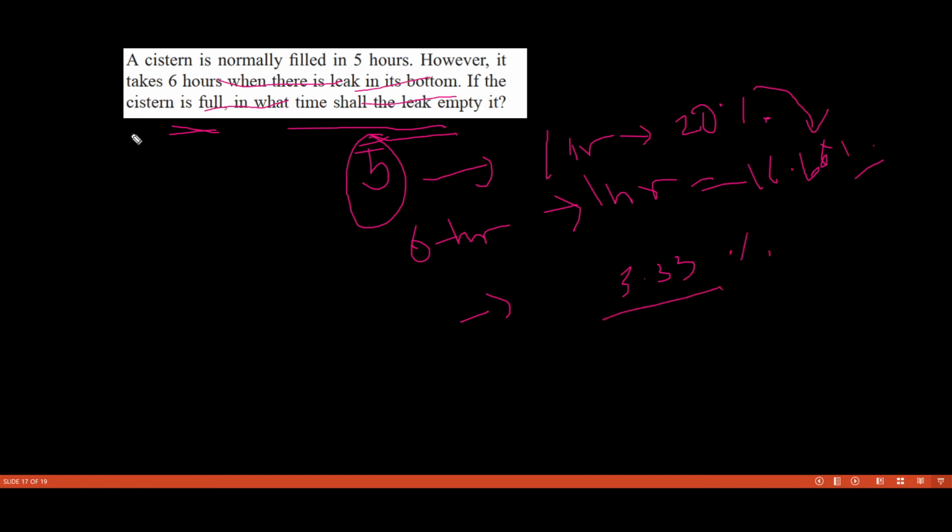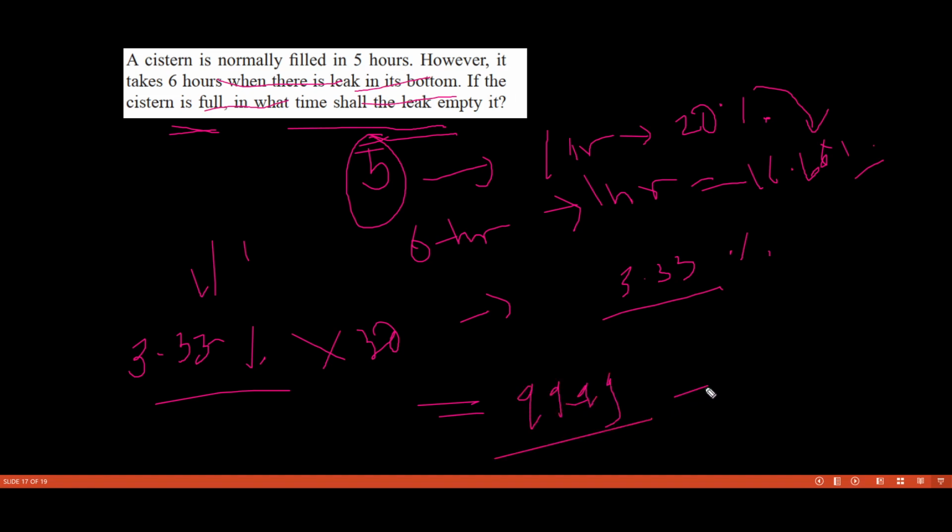So 3.33% of water is lost from the system every hour. So if we multiply this by 30, you can definitely see, you can get 99.99 something, and when you get this, it is almost approximately equal to 100%. So in 30 hours approximately we are going to see an empty tank.